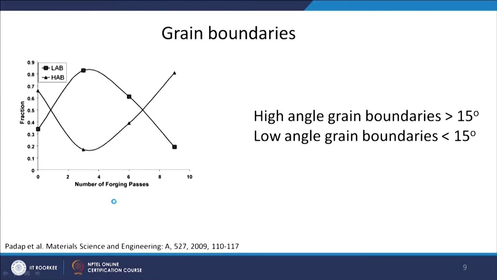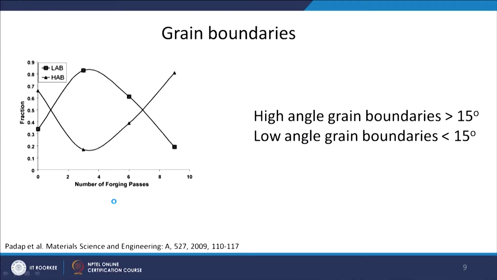As I told you, there are two types of grain boundaries, a low angle grain boundary and a high angle grain boundary. They are typically defined such that if the misorientation between the two grains is more than 15 degrees, it is called a high angle grain boundary. If the misorientation between two grains is lower than 15 degrees, it is called a low angle grain boundary.